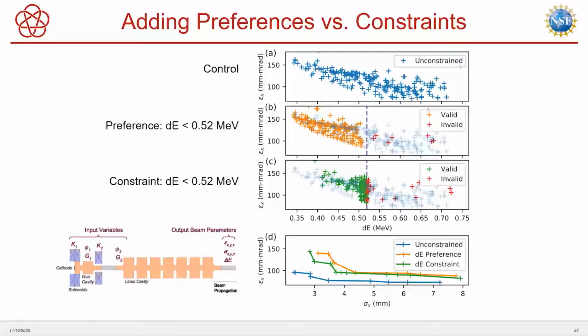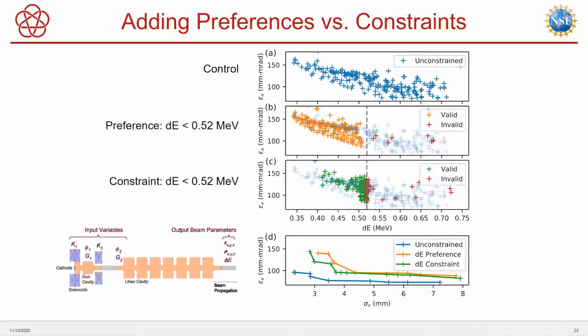If we look at our comparison in energy spread and transverse emittance, we see that in the constraint case, a lot of our observations are showing up almost right at the border of where we are specifying our constraint.